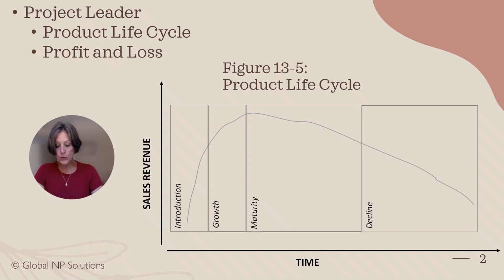Some products go through the entire life cycle in just a couple of years, while other products have greater longevity. Importantly, as sales begin to decline, the organization must decide whether to reinvest in the product to rejuvenate it, to develop a new replacement product, or to abandon the market by retiring the product.